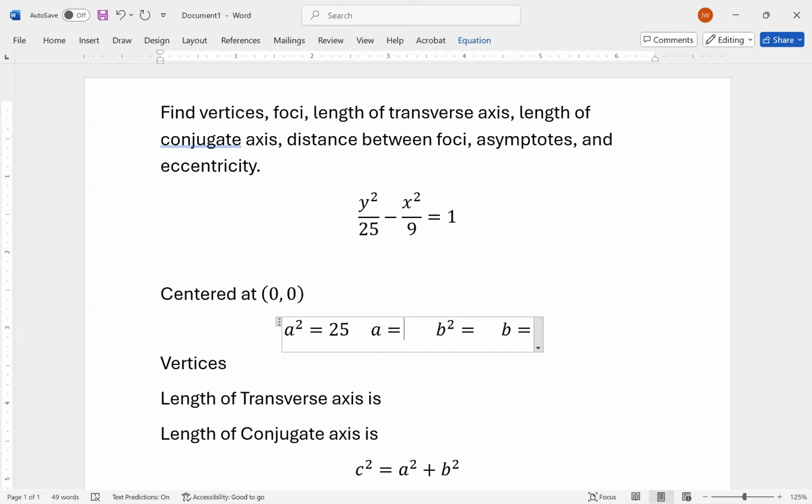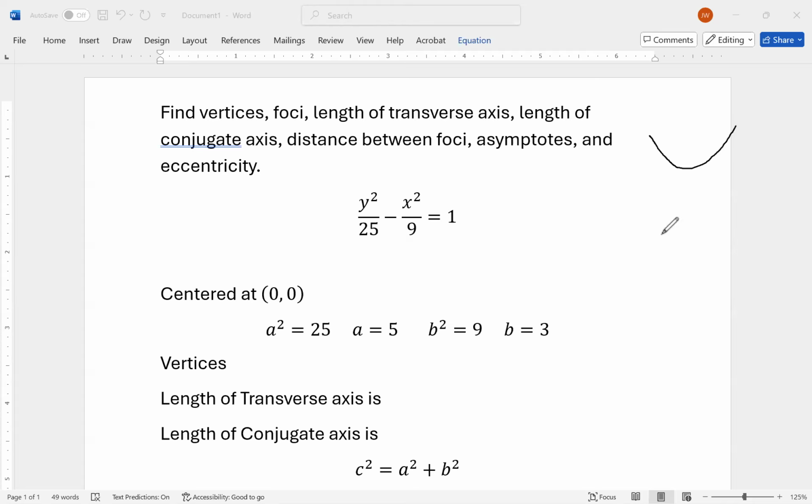That's 25, so a is 5. B squared is going to be 9, so b here is 3. Moreover, since the y squared is the positive component, there's a negative sign in front of the x squared over 9.